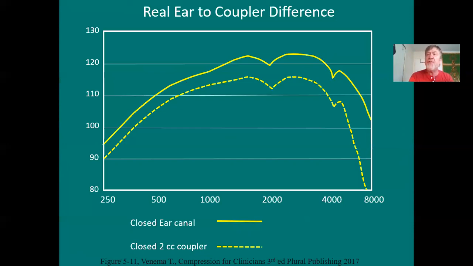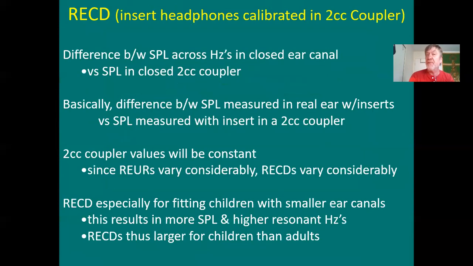In other words, if you had a hearing aid run on ANSI tests, let's say you had a hearing aid on a 2cc coupler and you saw frequency response. If you want to know what that's going to do in the guy's real ear, add about 5 dB below 1,000 hertz and add about 10 dB above 1,000 hertz. And you'll get a pretty close idea as to what it'll really do in the average adult ear canal, RECD.